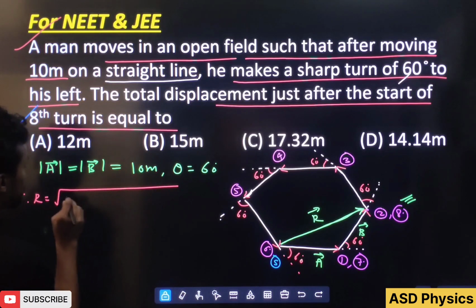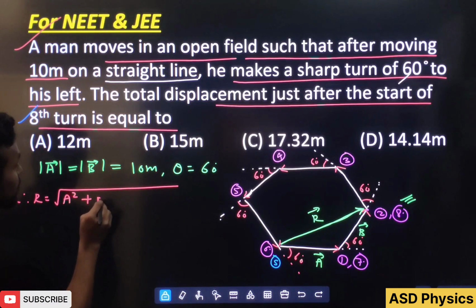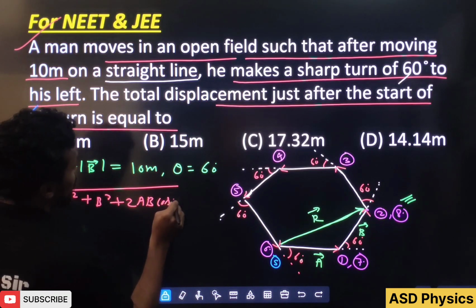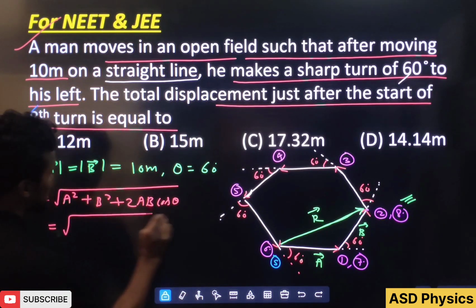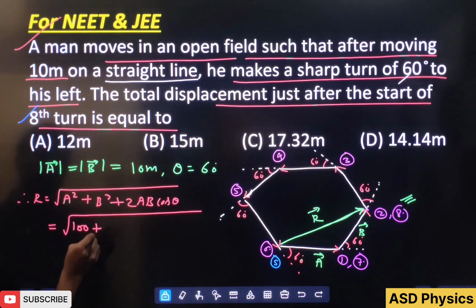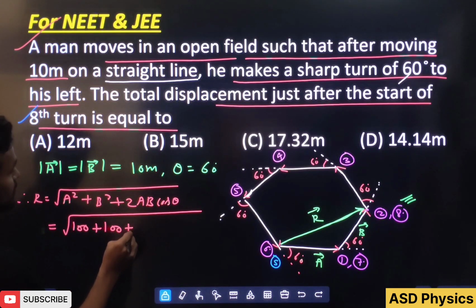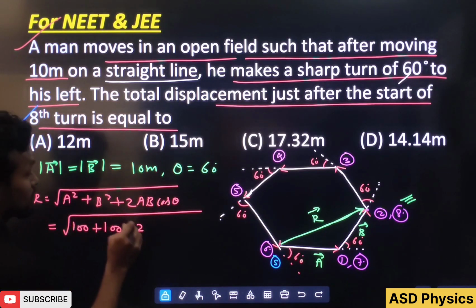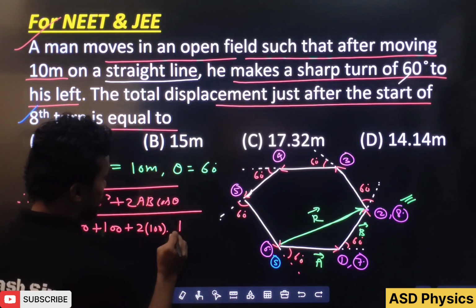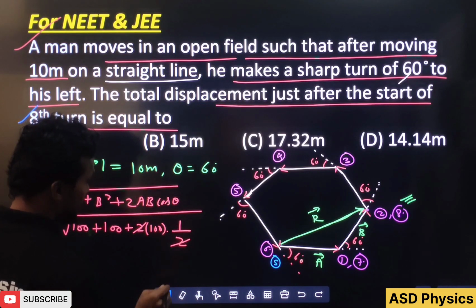That means the resultant is given by the formula: square root of A square plus B square plus 2AB cos theta. Let's use it here. A square means 10 square, 100, plus B square, again 100, plus 2 A into B, that means 10 into 10, 100, and which angle? Cos 60, value 1 by 2. So 2 and 2 cancel.